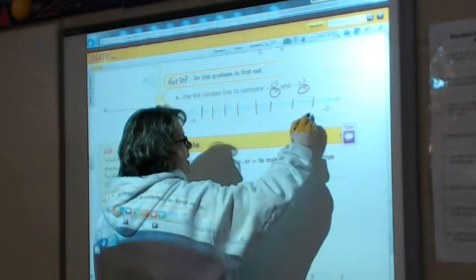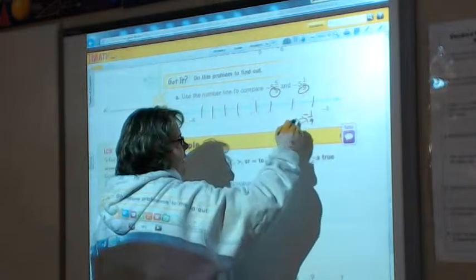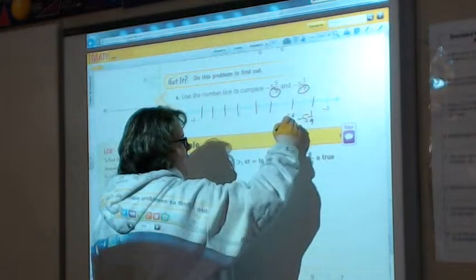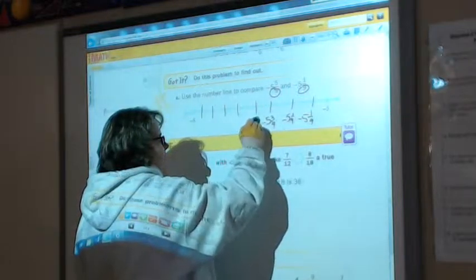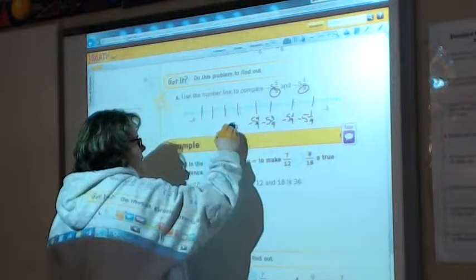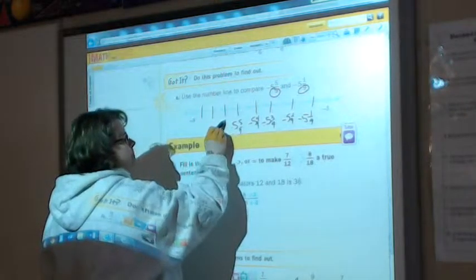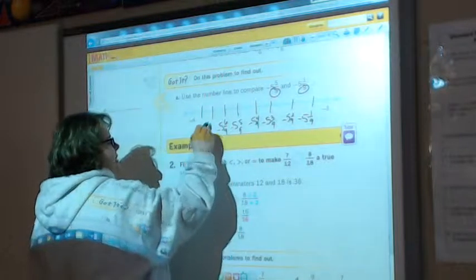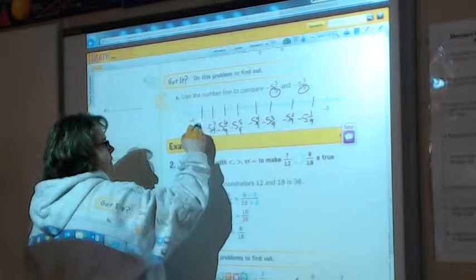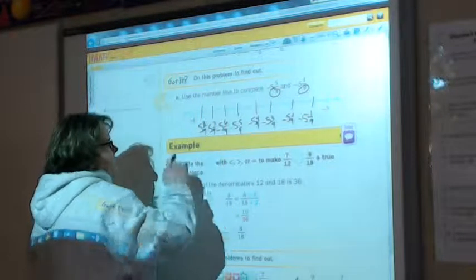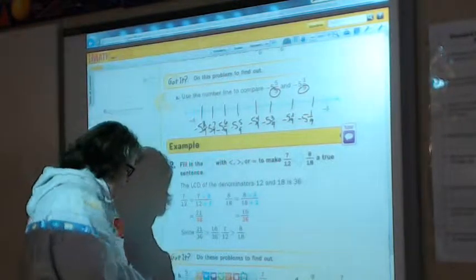So this is going to be 5 and 1/9, 5 and 2/9, 5 and 3/9, and these are all negative, 5 and 4/9, 5 and 5/9, 5 and 6/9, I lost count, 5 and 7/9, 5 and 8/9. And those are all negative.